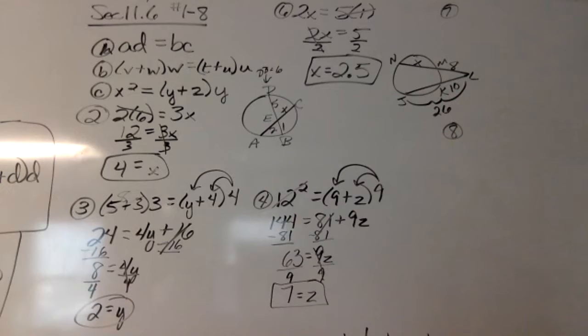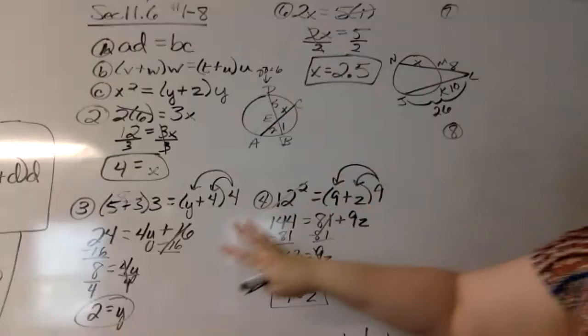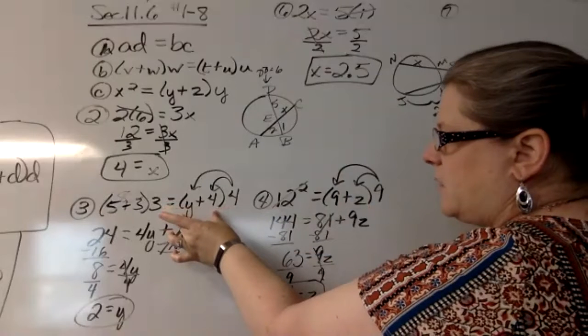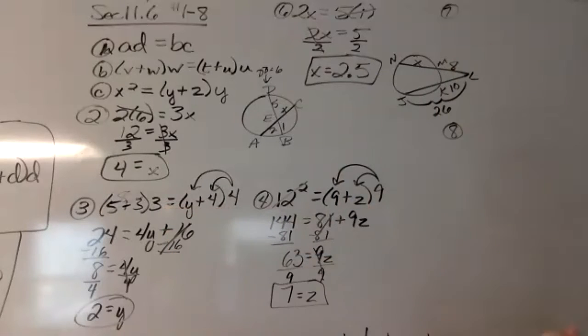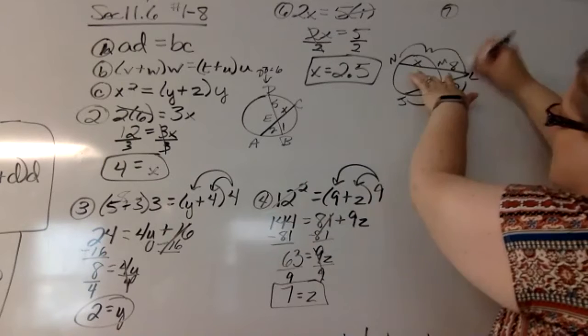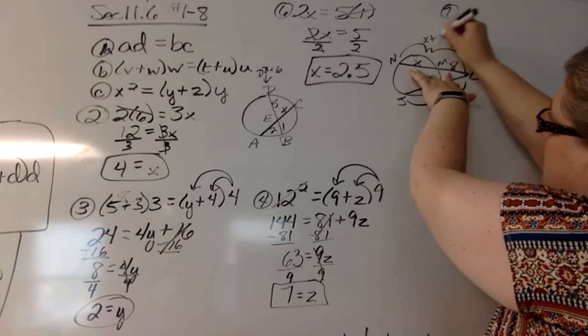Now remember on this one, it's the secants intersecting outside. So this is like what we did on number 3. You're going to have the sum of the whole thing times the piece outside is equal to the sum of the whole thing times the piece outside. So my sum of the whole thing up here is x plus 8, right?